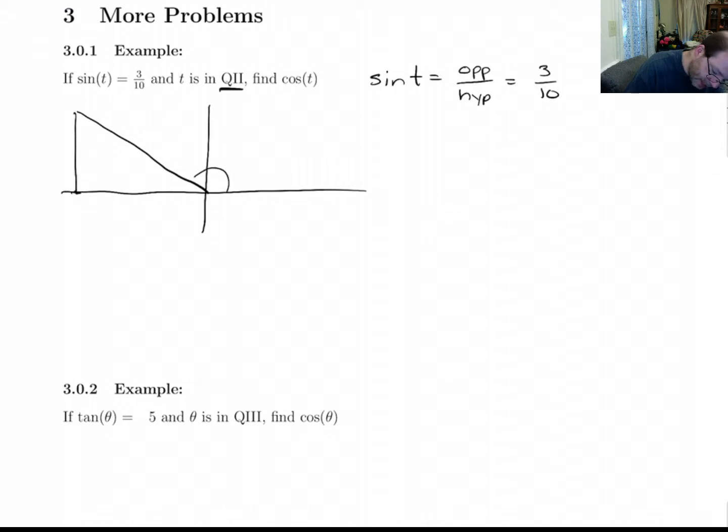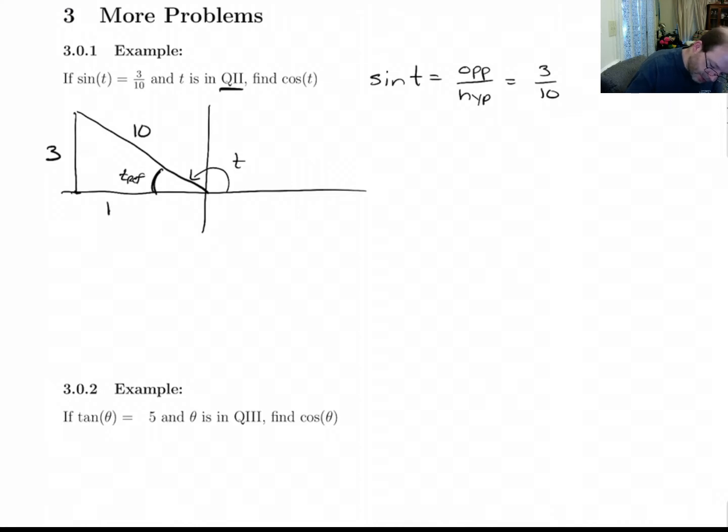Now this is t, but what we're going to use really for this is t ref, the reference angle, in terms of looking at the opposite and adjacent sides. So using that angle, the opposite side is going to be 3, and the hypotenuse is 10.